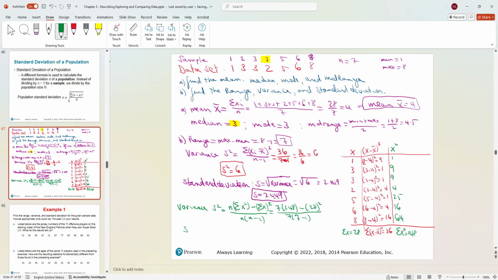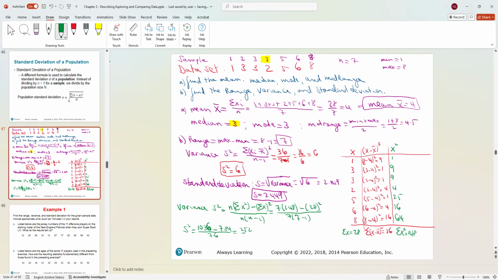Again, S squared would be 7 times 148, which is 1036, minus 28 squared, 784, over 7 times 6.